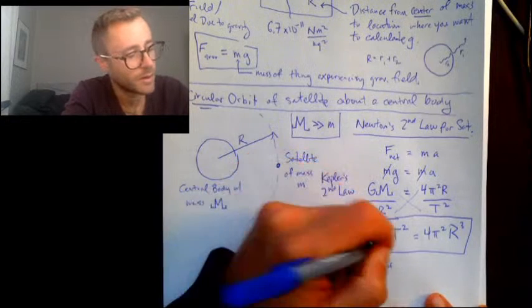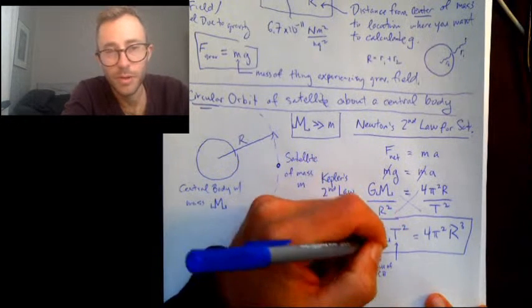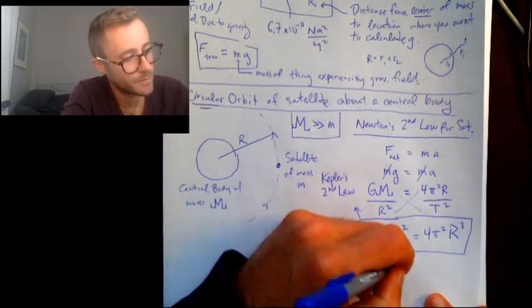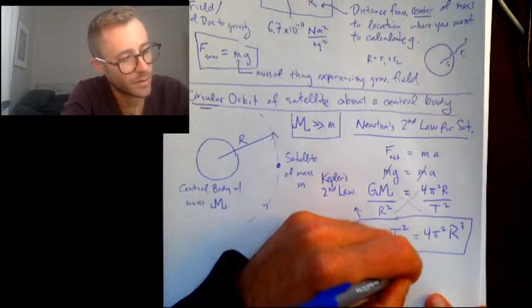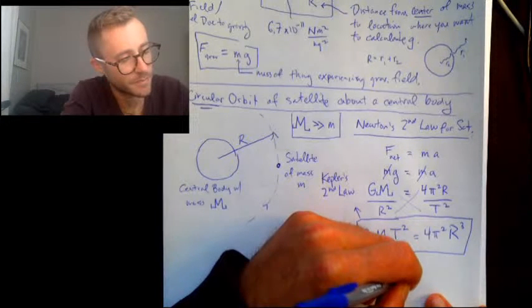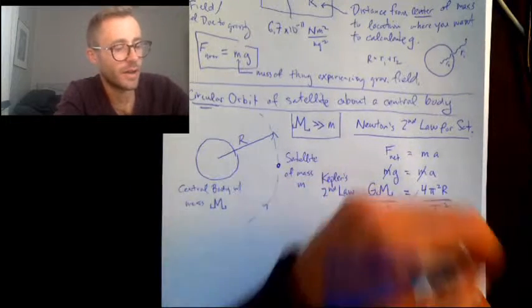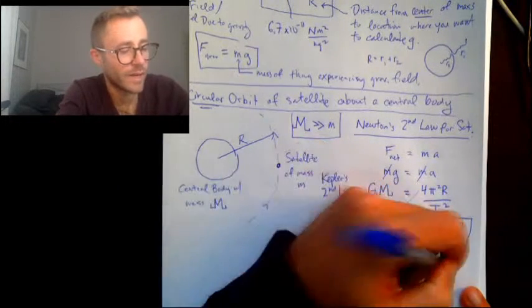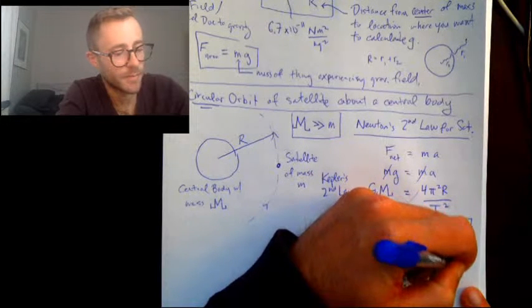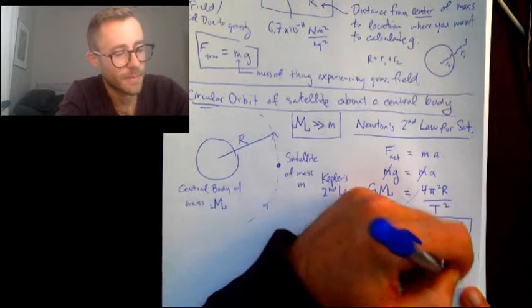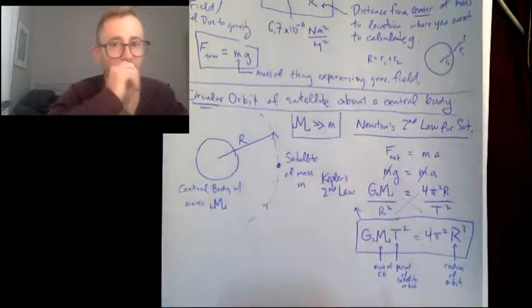Okay. Period of the orbit. Period of satellite orbit. And it has the radius of the orbit. Okay.